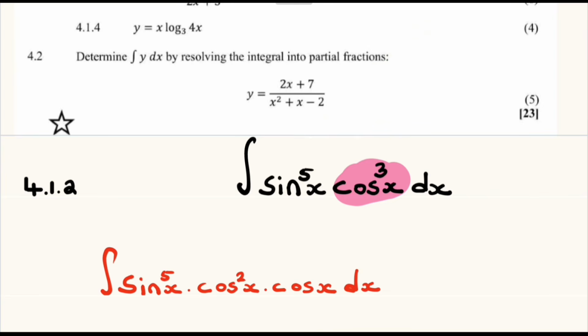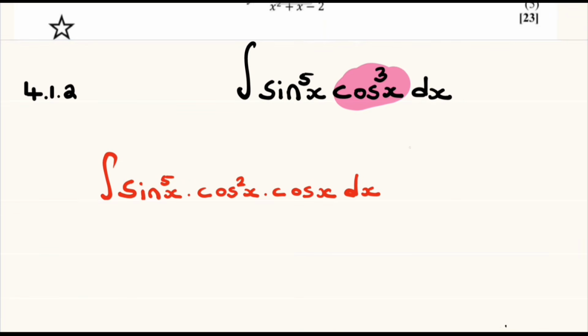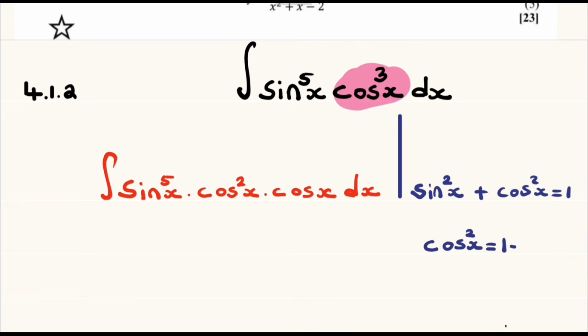dx, and we are going to use the trigonometric identity sine squared x plus cos squared x is equal to 1, and we make the cos squared x the subject of the formula. So we have cos squared x is equal to 1 minus sine squared x.